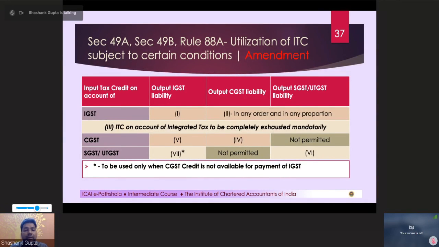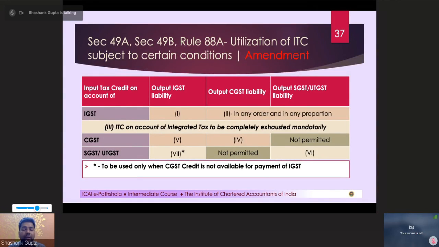For this, we need to look at the entire question and think whether it will be good to utilize IGST against CGST or against SGST, so that effectively the maximum liability can be paid through credit and the liability payment through the cash ledger can be minimized.